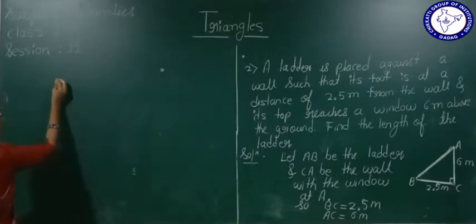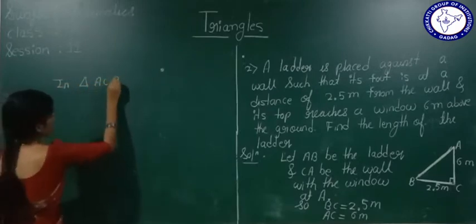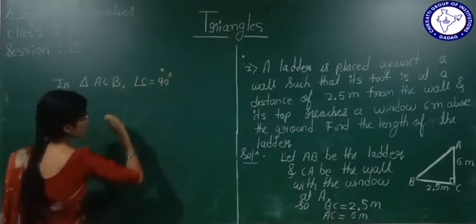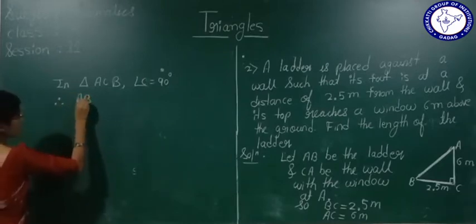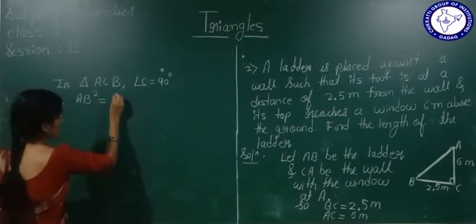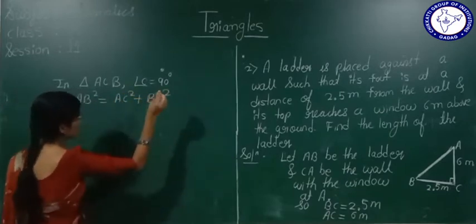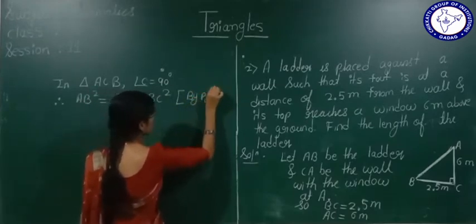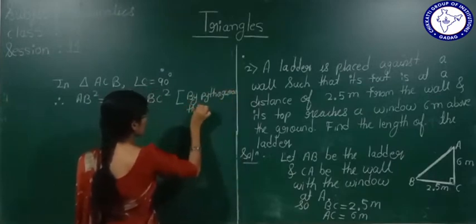So here in triangle ACB, angle C is equal to 90 degree. Therefore, AB square is equal to AC square plus BC square, by Pythagoras theorem.